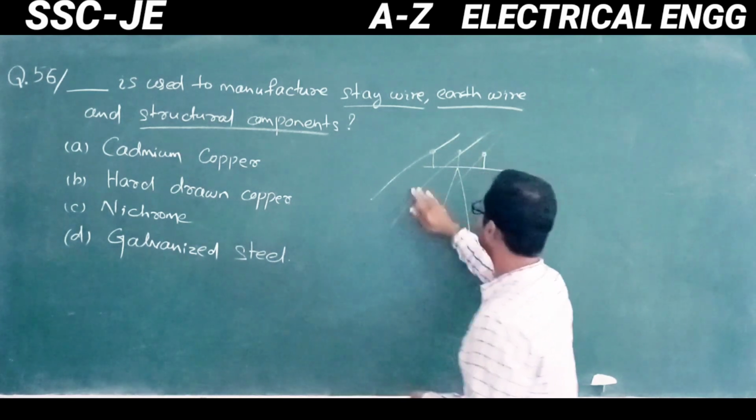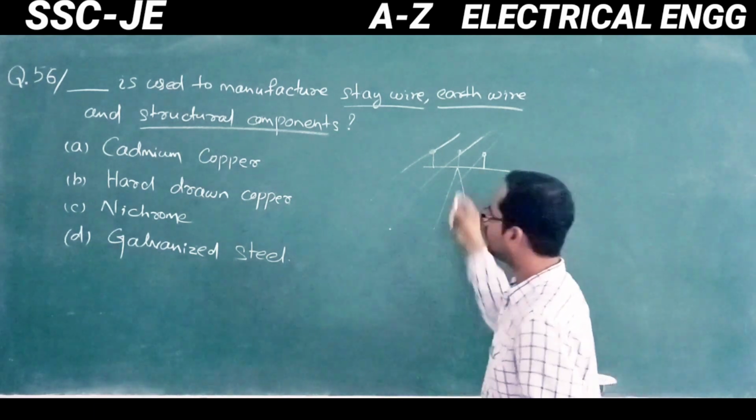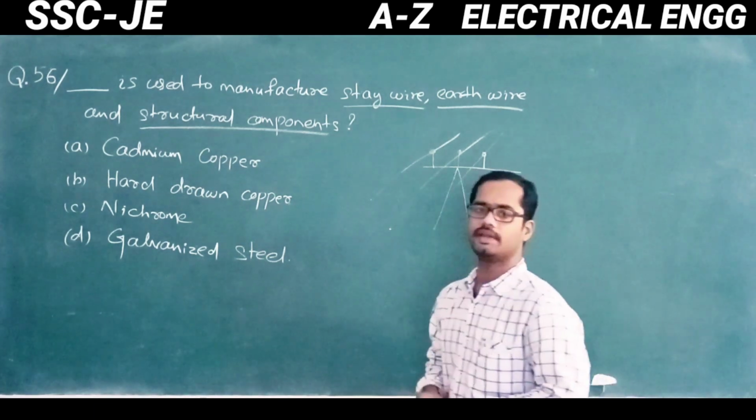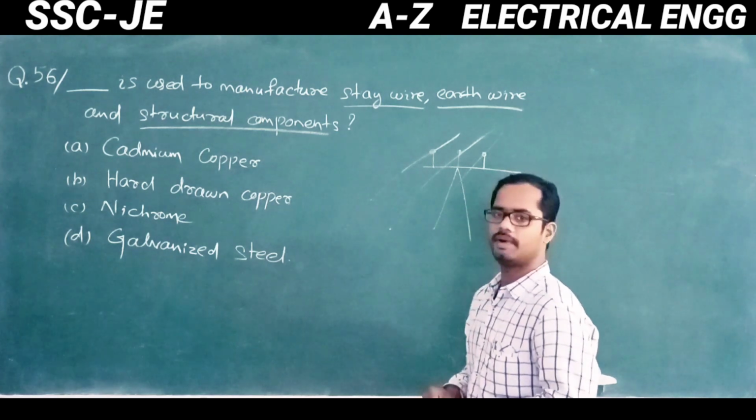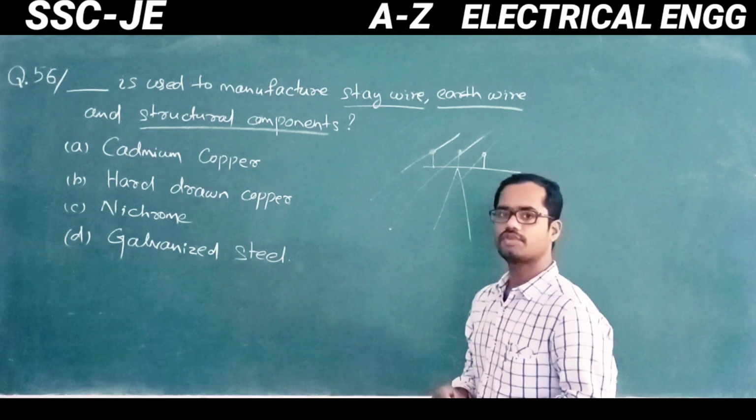These are the basic lines. Okay. So these are towers or structures. So for all these things, our requirement is a material having high mechanical strength and corrosion free.